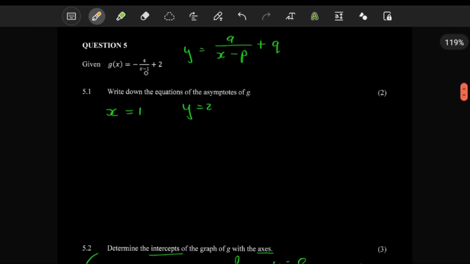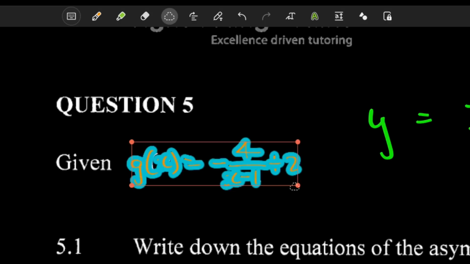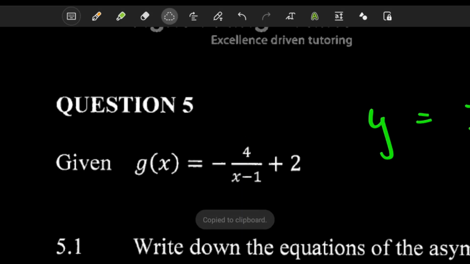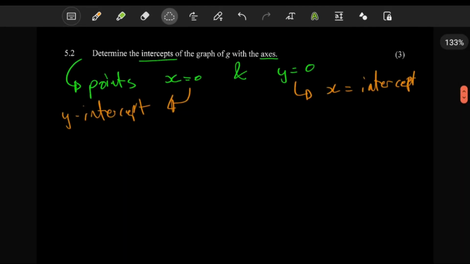Because we have our equation of g, which is negative 4 over x minus 1 plus 2, this is our equation of g of x. To get the intercepts, we take turns to either make x 0 or make y 0.